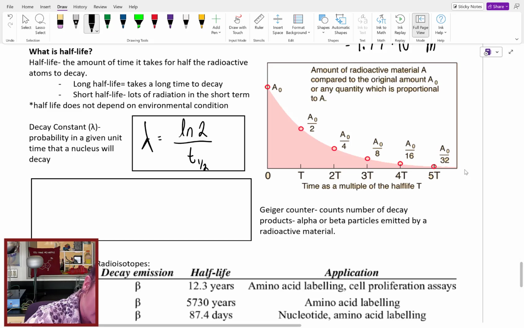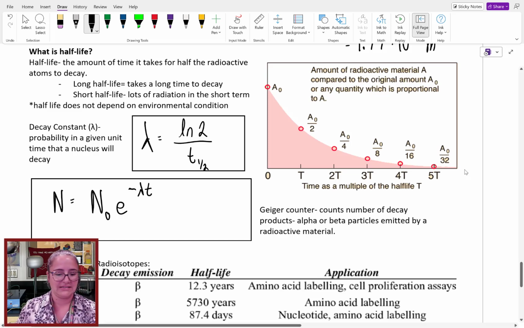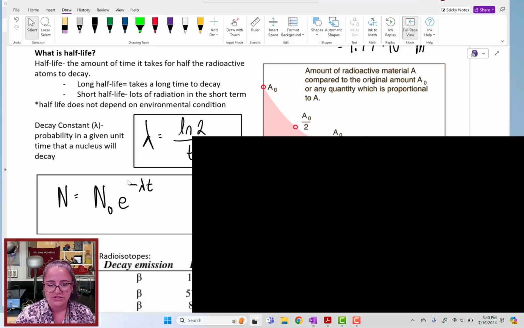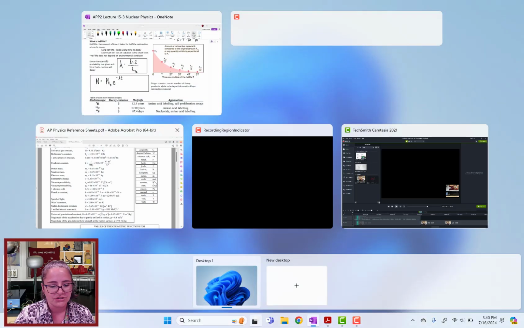So that's given by the equation N equals N naught times e to the negative decay constant times t. So when you multiply the decay constant by the time, basically you're getting how many half-lives have passed. And both of these equations are also on your equation sheet.